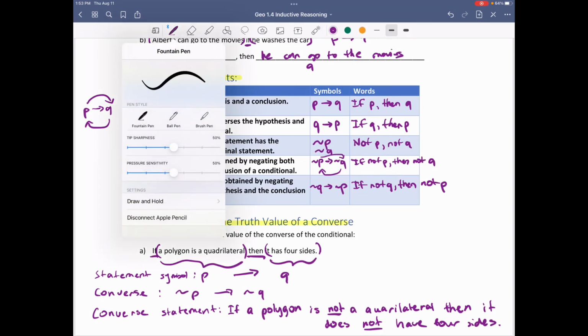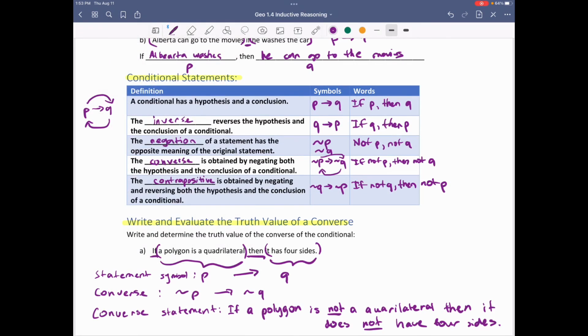So I hope you can see from there, our P, if not P, then not Q.